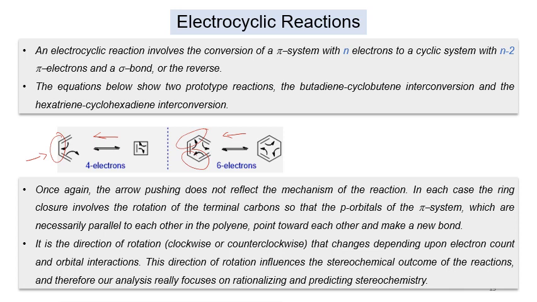These are deliberately drawn this way so that the carbons at the terminal positions of the polyene system are able to approach each other for bond formation. In the S-trans conformation, unfortunately, this is not possible because the distance between the terminal carbons will be too high for bond formation.